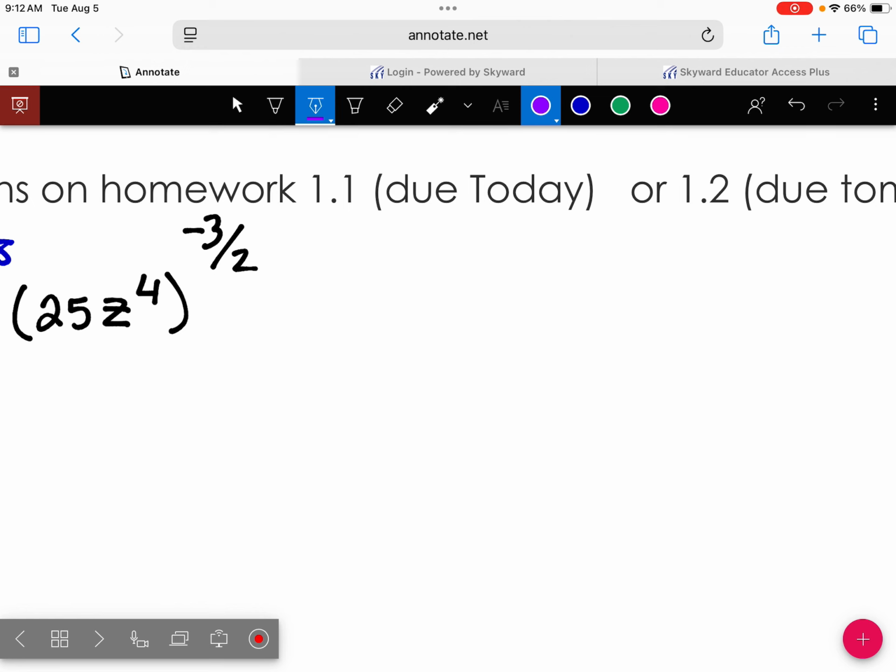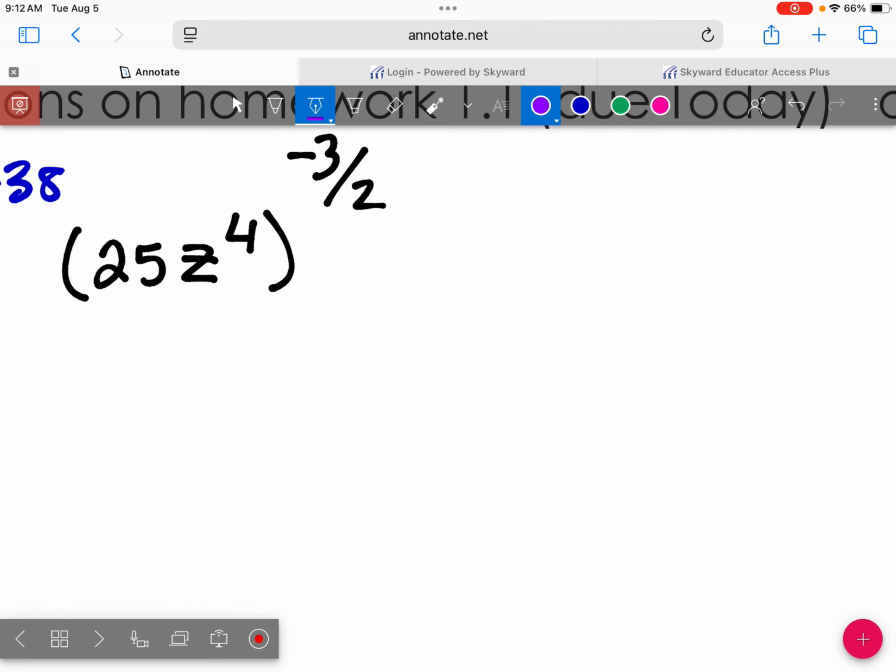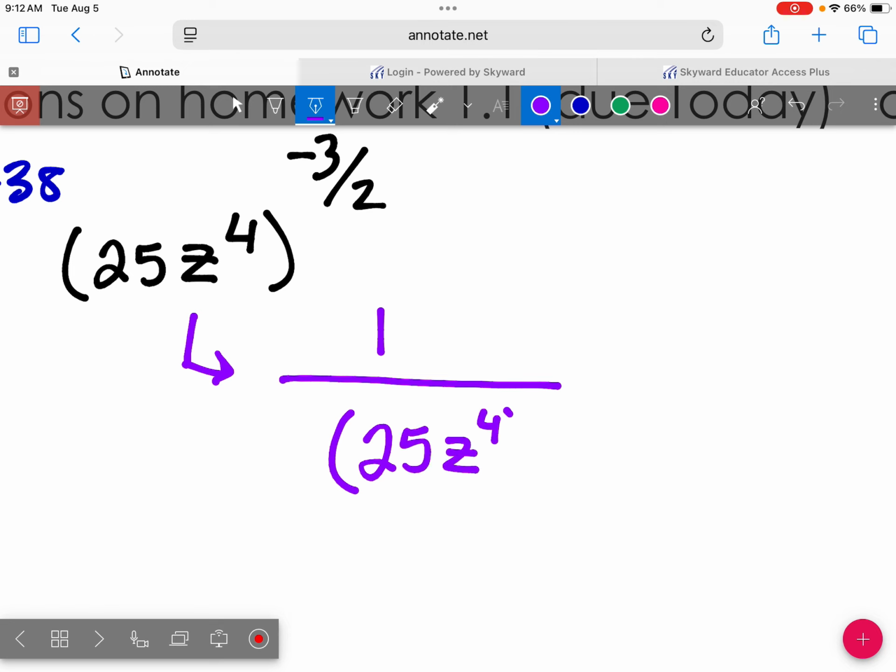Inverts it. It flips it, puts it as a reciprocal. So, the very first thing I'm going to do is deal with that negative exponent. So, I'm going to make this be 1 over my 25z to the 4th to the 3 halves. So, we can make that negative exponent go away by putting it into a fraction. Totally valid.